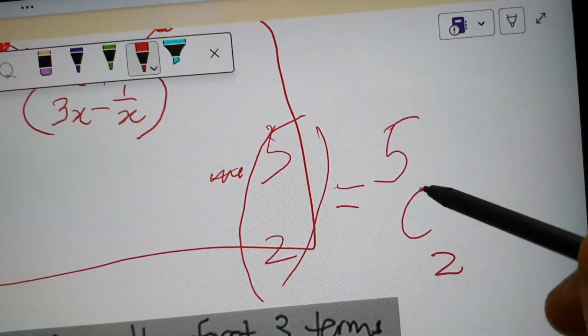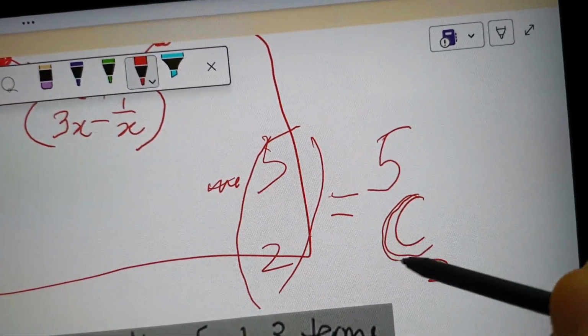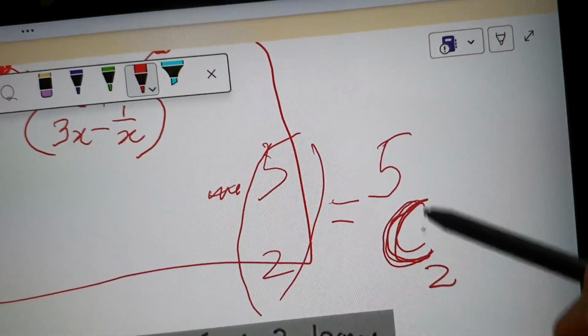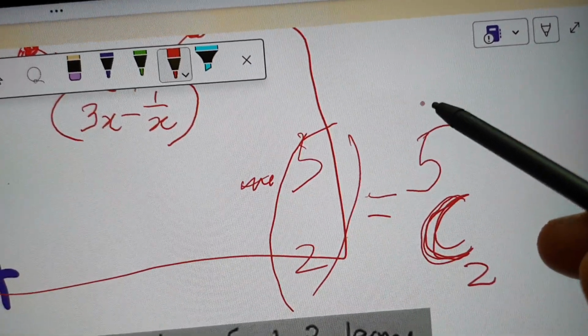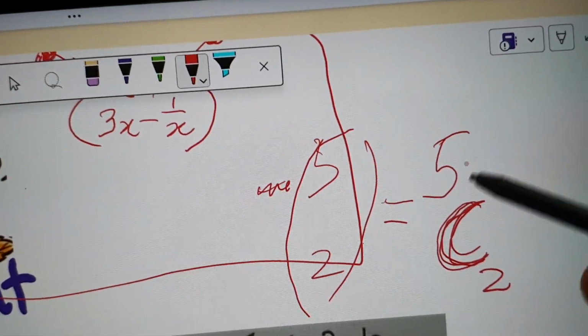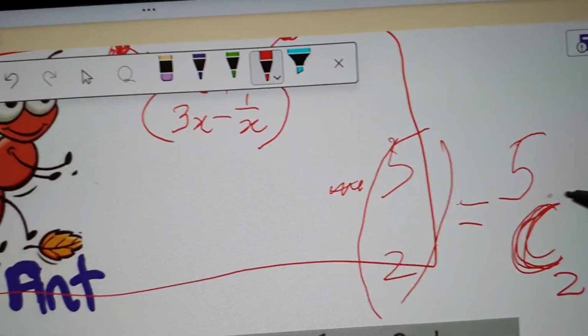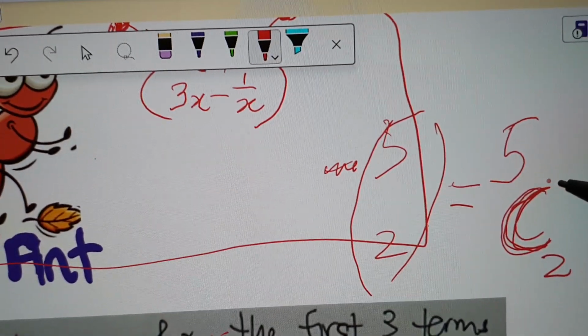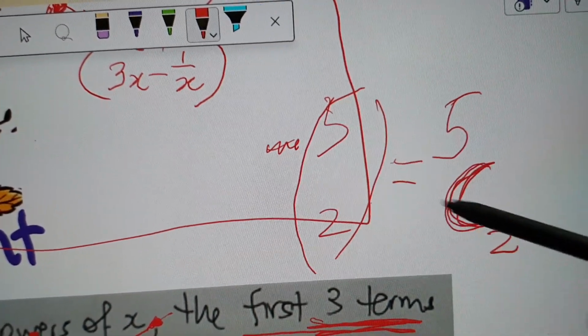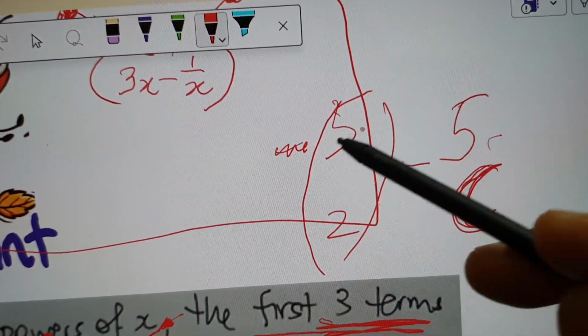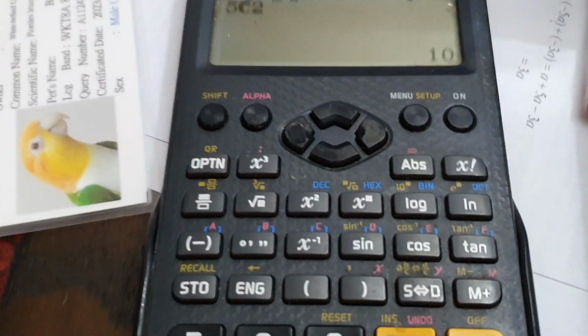Next time if you go JC, they took it out of your A Maths syllabus already. Last time in permutation and combination in A Maths, a Sec 3 topic, you have to use this for that topic also, but because now you don't learn it, you only learn it in binomial. So this is actually the same as this. That's why you see this on your calculator.